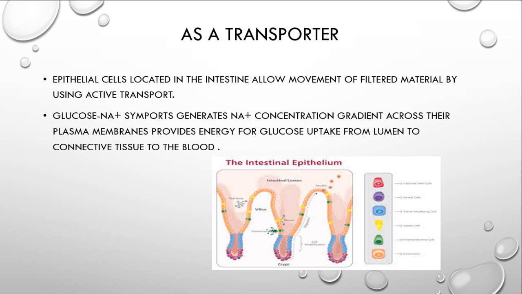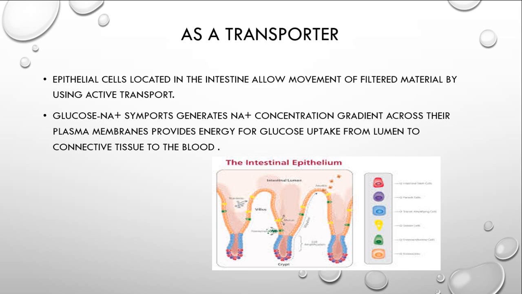So you see the pathway: glucose import allows sodium in, a concentration gradient is formed, then through the plasma membrane, glucose is taken up from the lumen to connective tissue.